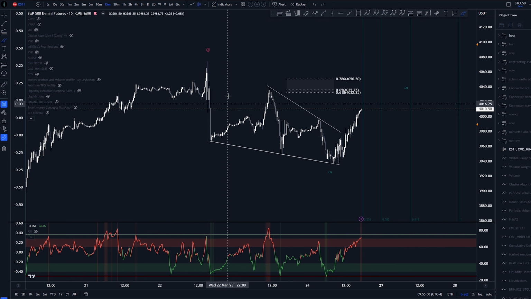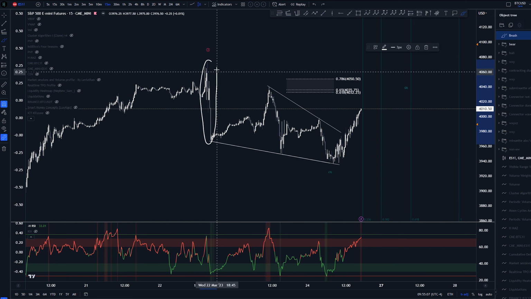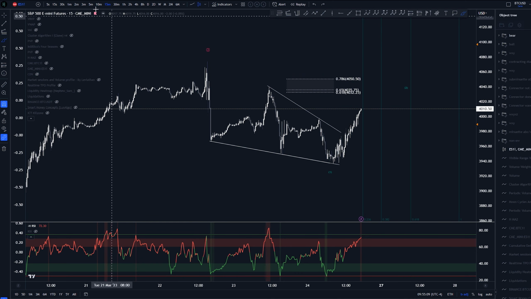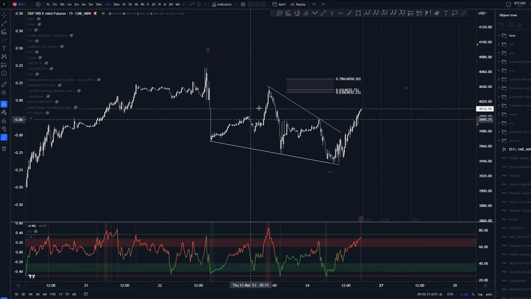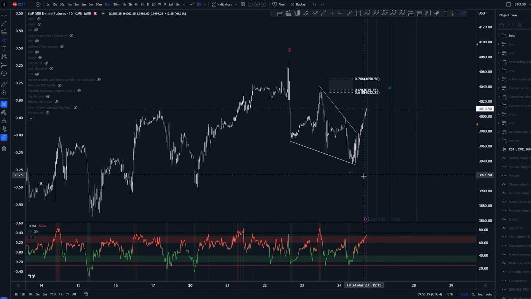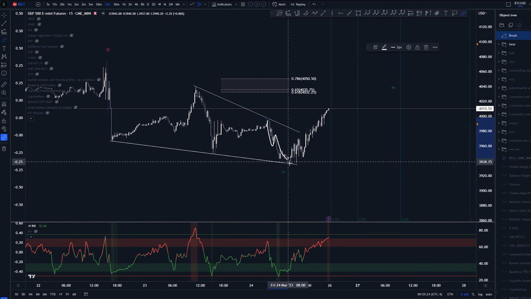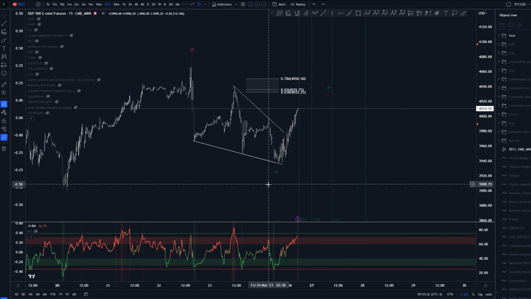It's not very easy to see and easy to say that this is indeed a 3-wave structure, although on smaller time frames it definitely looks like it. So I'm not putting too much pressure on that being just a 3-wave, which is why I'm more lenient on this overall structure, allowing these structures to be 3-waves as well, although it's not that pretty.